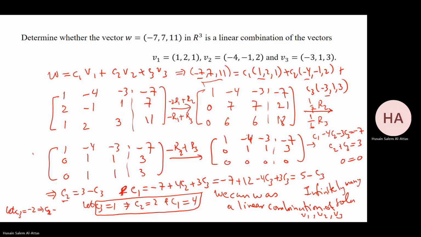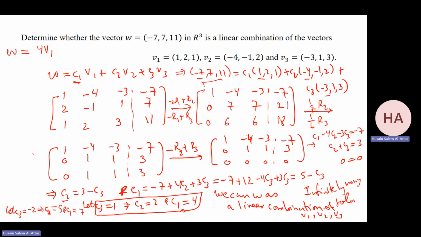C2 will be, just multiply minus 2, C2 will be 5. And C1 will be 7. That means what? If I use this, that means W is C1, which is 4V1.